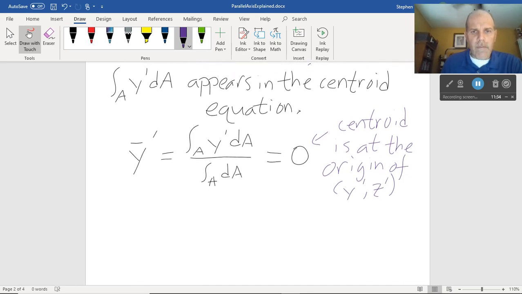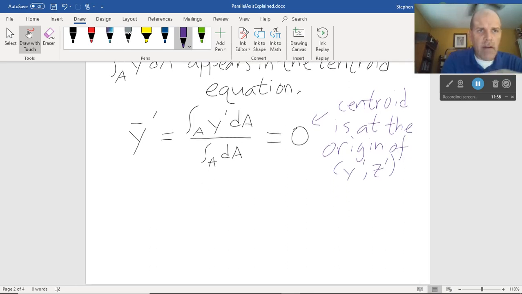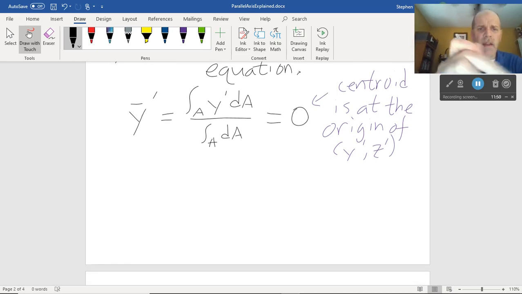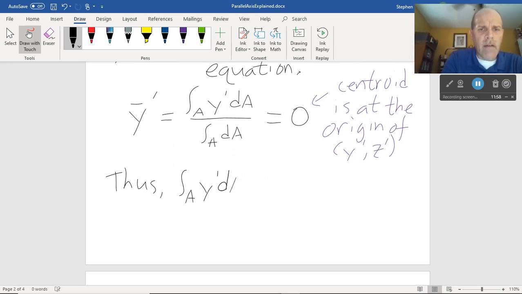What that means is that this fraction has got to somehow evaluate out to be 0. Well, the denominator is not infinite. I don't have infinite area. That makes no sense. So all that I'm left with is that the integral over the area of y prime dA is equal to 0.